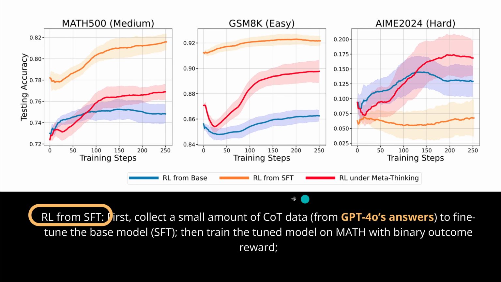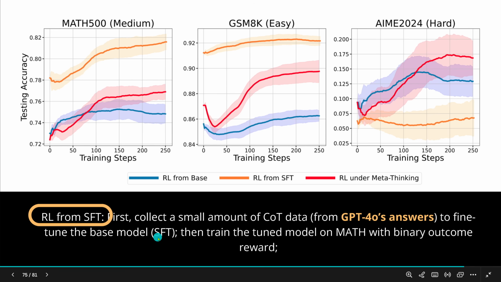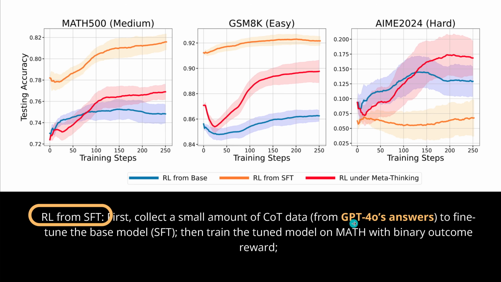So you take some chain of thought reasoning traces that might not be the best, you fine-tune your base model with supervised fine-tuning, the classical SFT methodology. And then you train this tuned model on mathematics with a binary outcome reward.